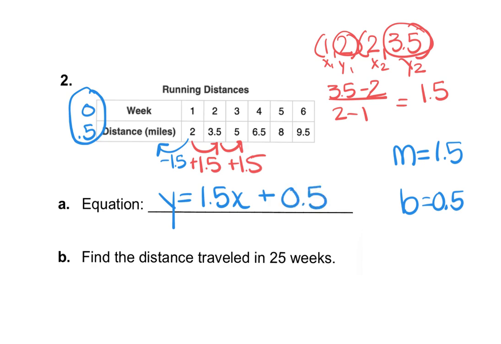All right, and so then in order to find the distance traveled in 25 weeks, it's like we'd extend on the pattern for 25 weeks, we're just going to take this and plug it in for the x. 1.5 times 25 plus 0.5, and when you simplify that, you would get 38. So by the 25th week, they would have run 38 miles.